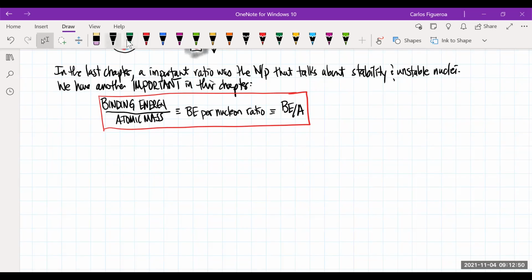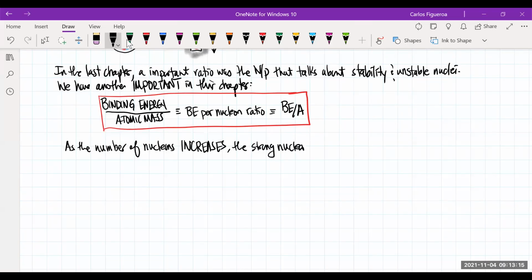And so what we also said here is that as the number of nucleons increases, the strong nuclear force also increases to a point.